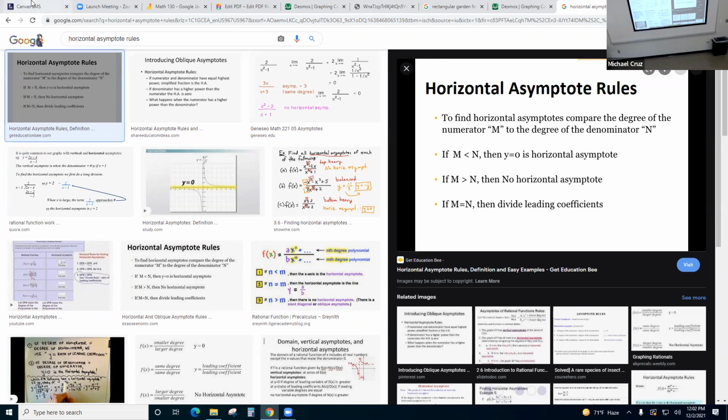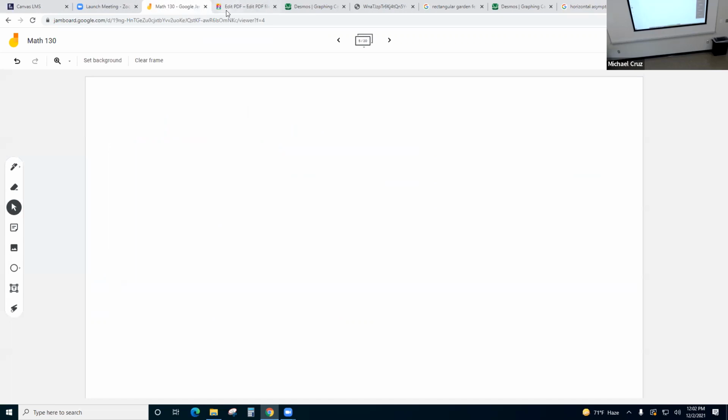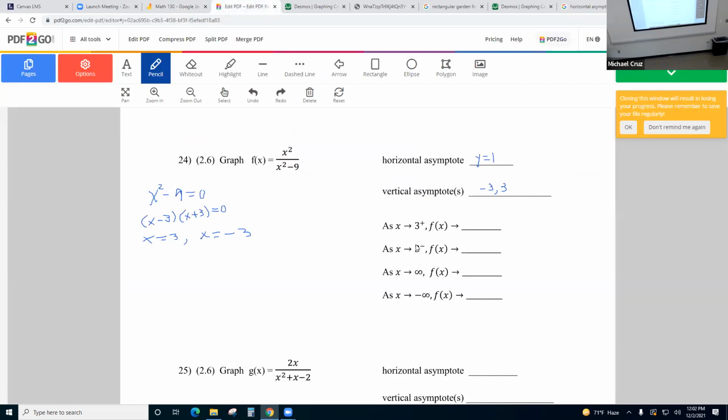Okay. Let's see what else we've got. All right, now. What this means is, I might just go ahead and graph it out so you can see. I'll just draw a kind of sketch here. Here's your x is equal to -4.